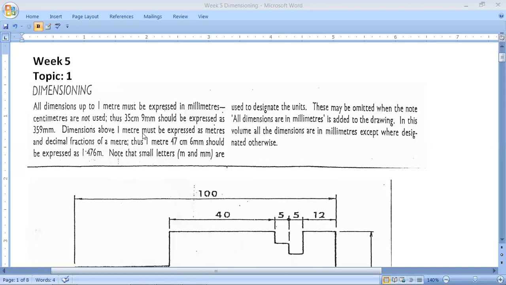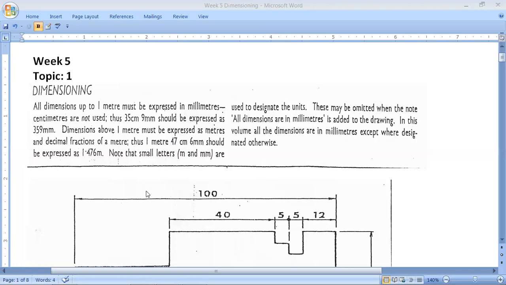Let's see another case here. Dimensions above 1 meter must be expressed as meters and decimal fractions of a meter. For 1 meter, 47 centimeter, and 6 millimeter, you multiply 47 by 10, and it's 470 millimeter, plus 6, 476 millimeter.